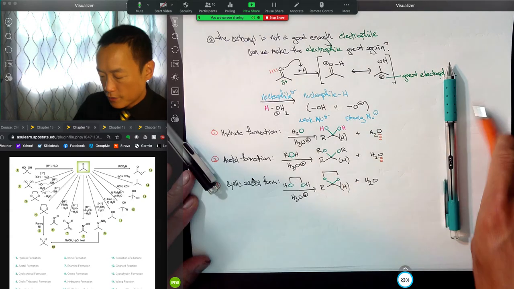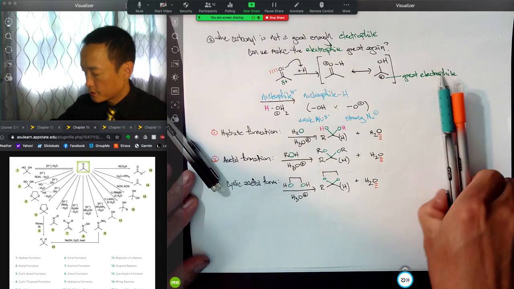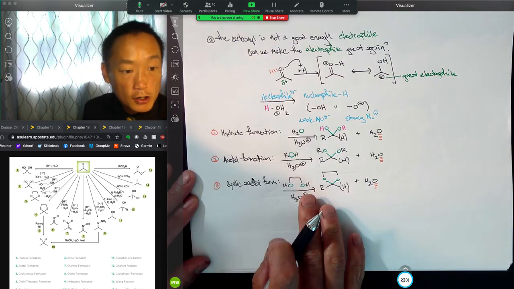The oxygen of that carbonyl, that eventually leaves. Curious. What else could we use?